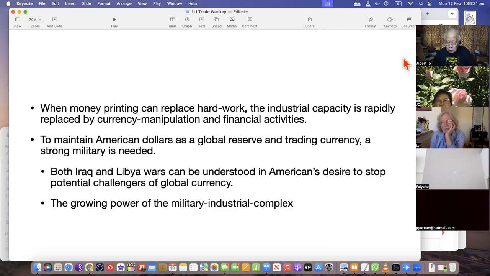To maintain the American dollar as a global reserve and trading currency, it requires a strong military, and therefore the U.S. has a very large defense budget.